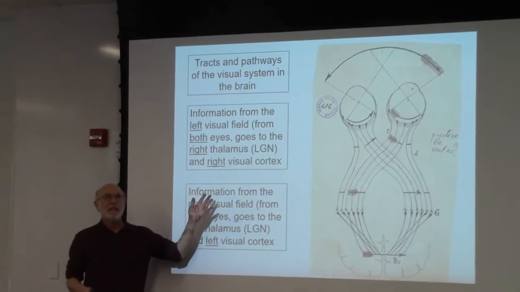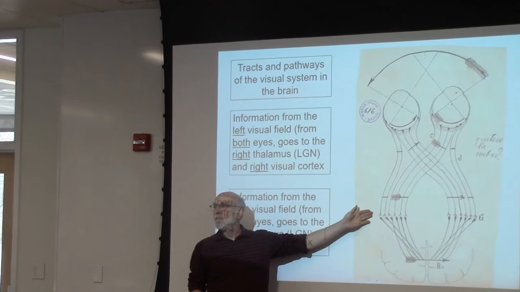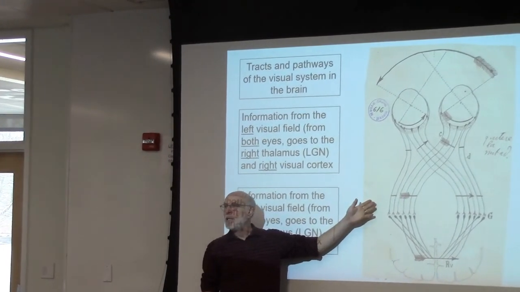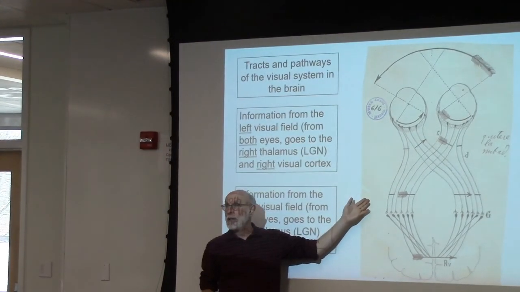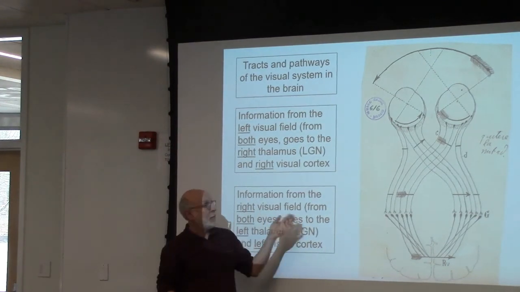This is an image that I need to tell you about, because this is a drawing from Santiago Ramon y Cajal. Ramon y Cajal is credited with being the father of cellular neuroscience. Remarkable insight. He was able to put this together.